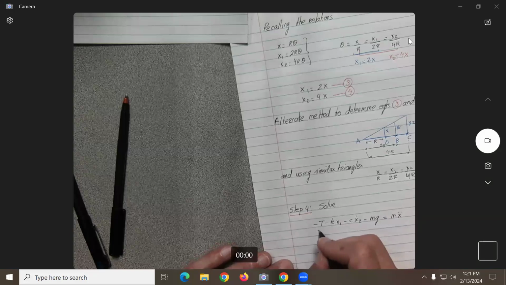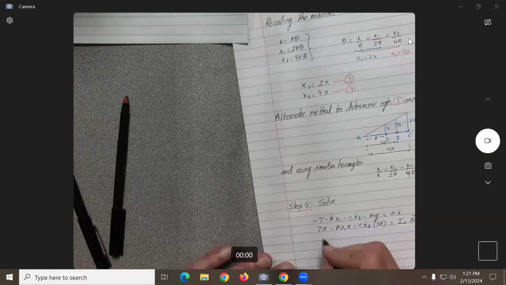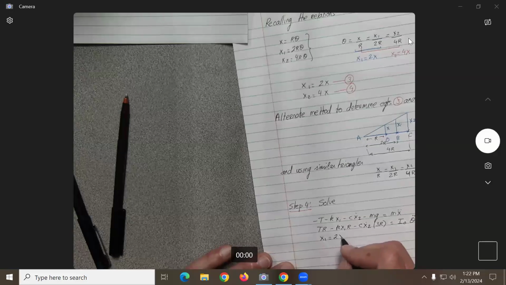And then we have T times R minus k x1 R minus c x dot 2 times 3R equal to I sub naught beta double dot. We have the equations x1 equal to x and x2 equal to 4x.